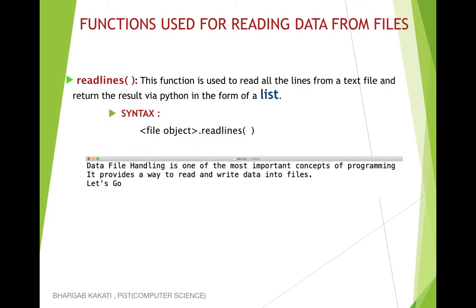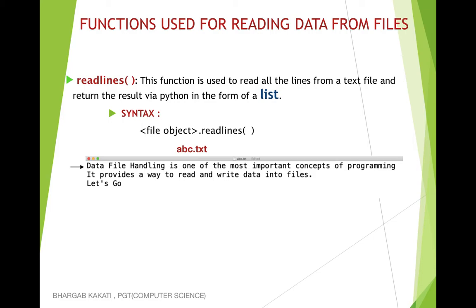Now we have this particular external file, which we have already created and stored in the default Python directory. The name of this file is abc.txt. Since this function will read the file and store it line by line in the form of a list, you know that each item of a list has an index.